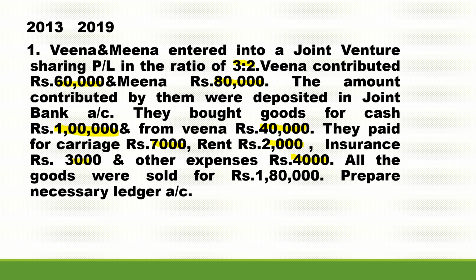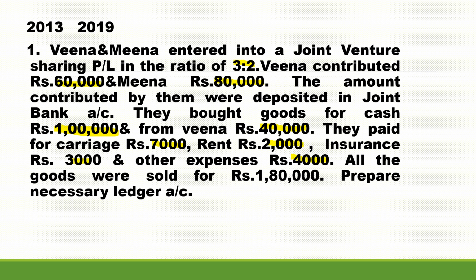So expenses come in joint venture account and joint bank account. I stress once again, all transactions will come at two places. So expenses, carriage plus rent plus insurance plus other expenses will come at two places: joint venture account and joint bank account.